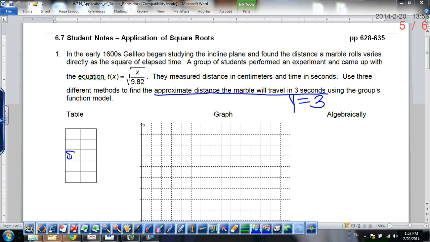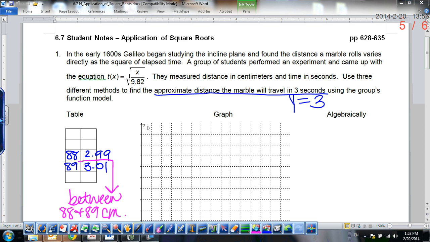We know that 88 gives us a time of 2.99 seconds, and 89 centimeters gives us a time of 3.01 seconds. So what that tells us is that we must hit 3 seconds between 88 and 89 centimeters. Sometimes you're going to be asked to use a table to approximate your solution. You've got to know how to do that.